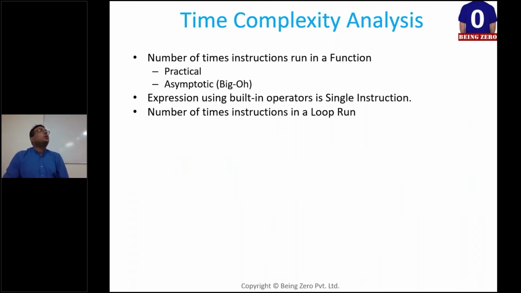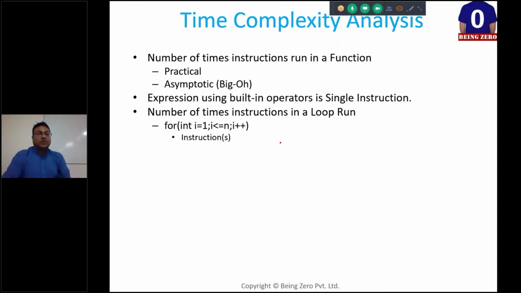The number of times instructions in a loop run: if there is a loop running 10 times, how many instructions will we count? 10. Ideally, in a loop, first the assignment happens. Second, where does the control go after assignment? To the conditional statement, which validates. So far there is one for assignment, one for comparison, then you run the instruction inside.